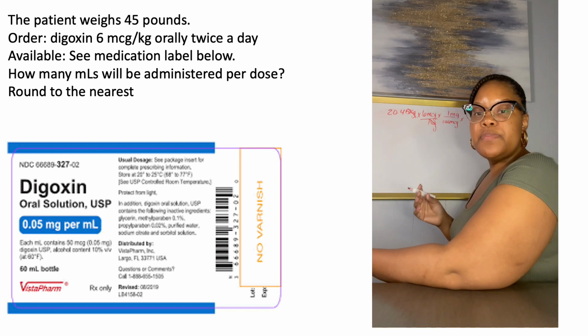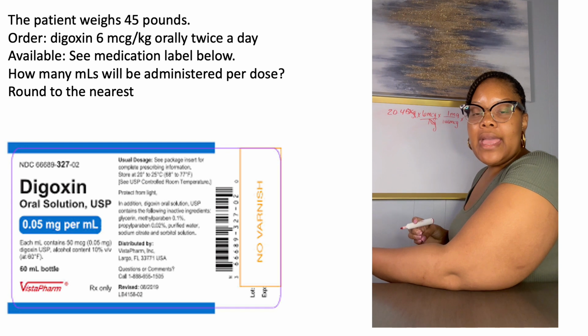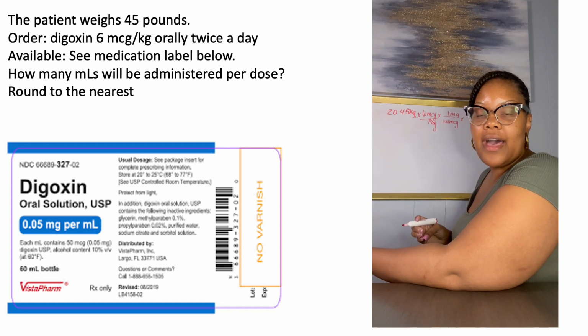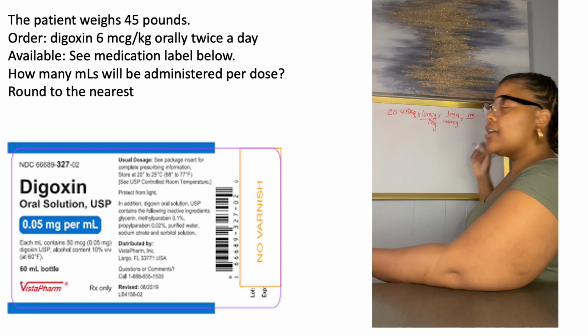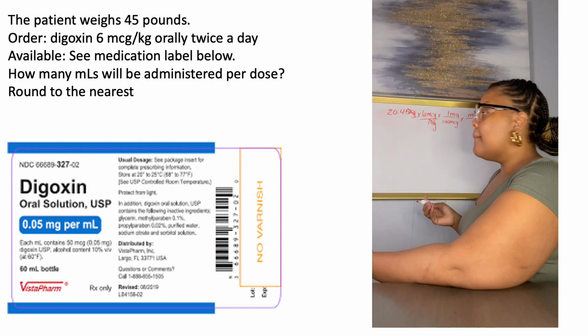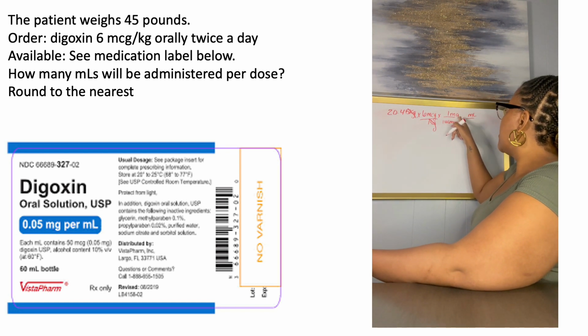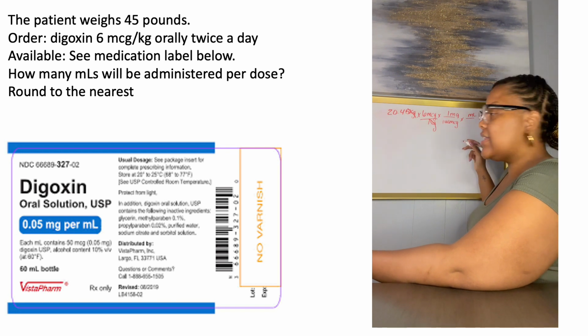Let's pull now from the label. It says that it has 0.05 milligrams per ml. So ml goes on the top. How do we know that ml goes on the top? Because mg is up here and we need mg down here to cancel out.